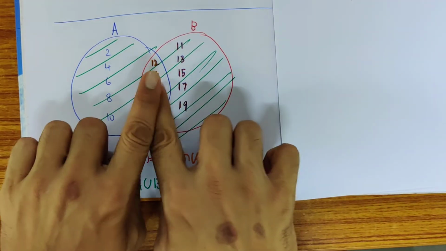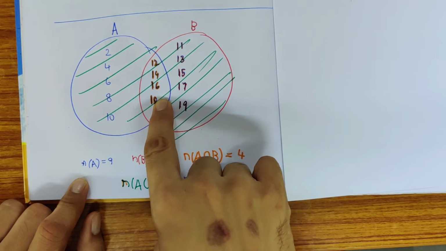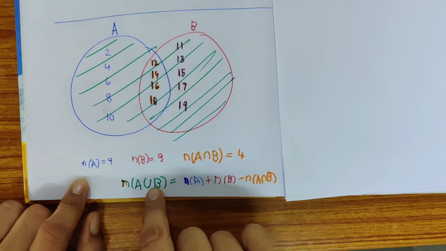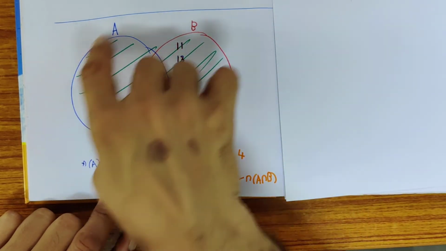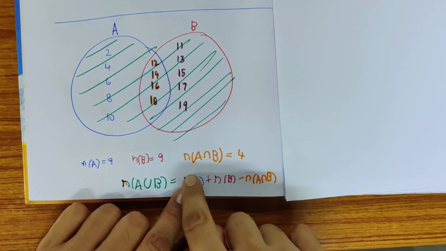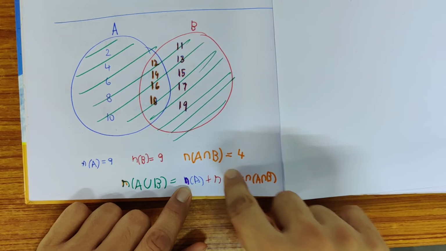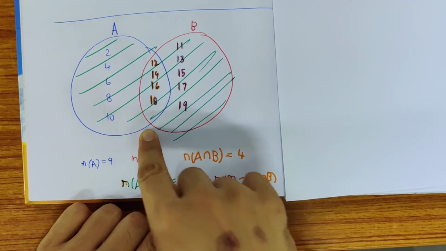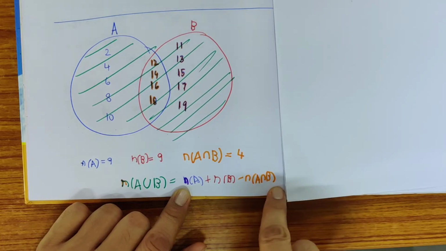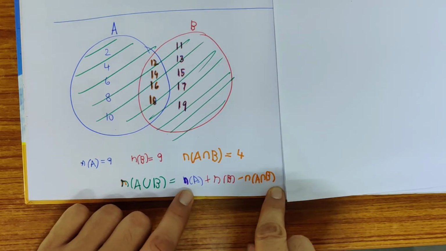What is in between both of them is the 4. So the number of elements of A union B, which means in this whole set, is the number of elements of A plus the number of elements of B minus the number of elements that are in the overlap region, A intersection B.